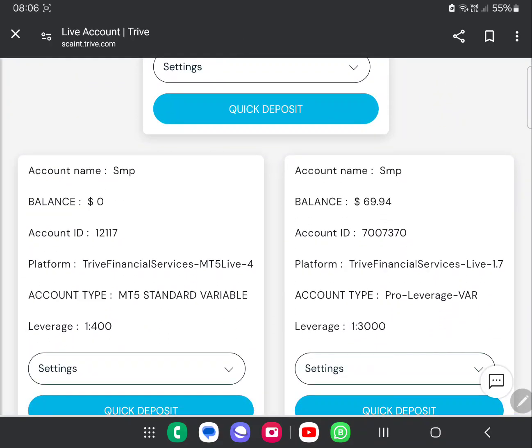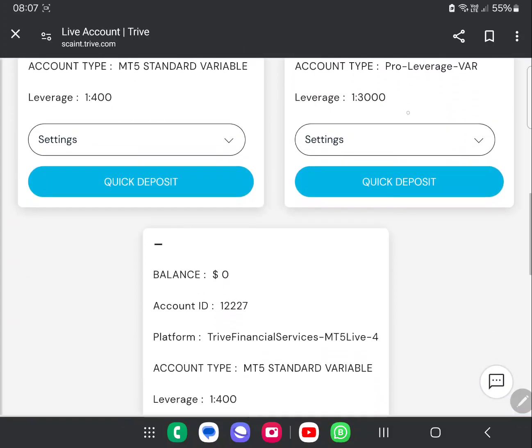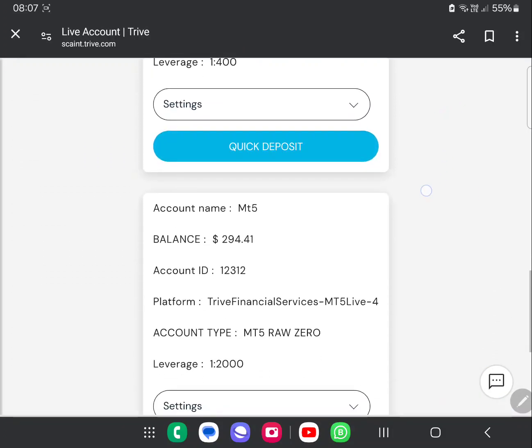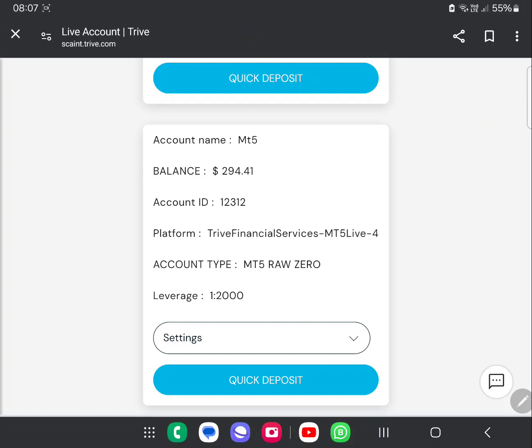For the MT4 one, I have a leverage of 1:3,000 and I have a balance of $69. And then for the MT5, I have a balance of $294 with a leverage of 1:2,000.